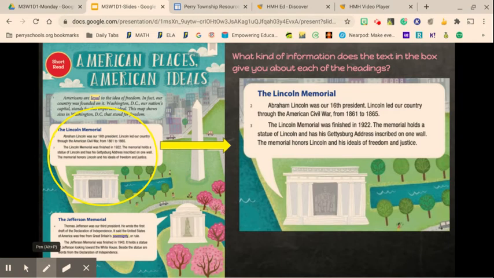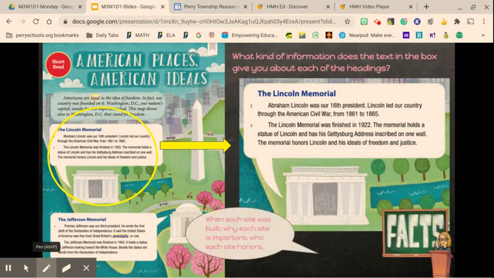The memorial honors Lincoln and his ideals of freedom and justice. So some information that I'm getting on here is when each site was built. So this one was finished in 1922. Why each site was built. So this one was built to honor Lincoln and what he stood for, freedom and justice, and who each site honors. Again, it honors Lincoln.